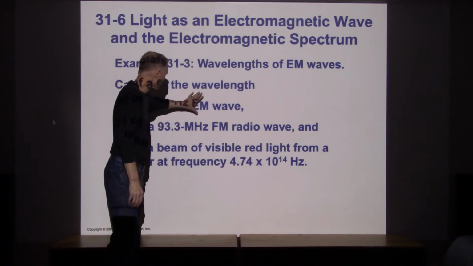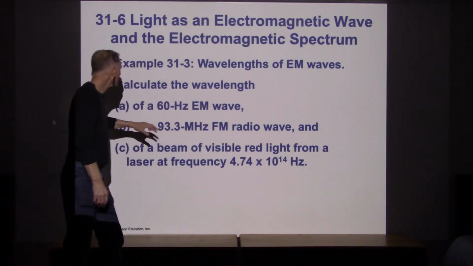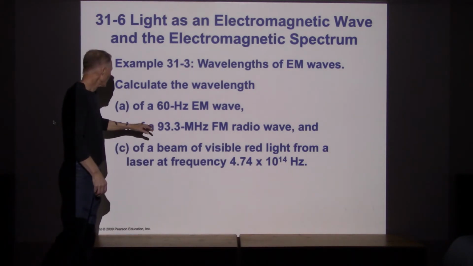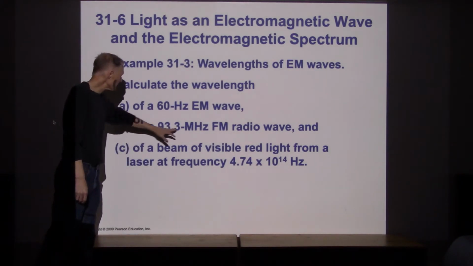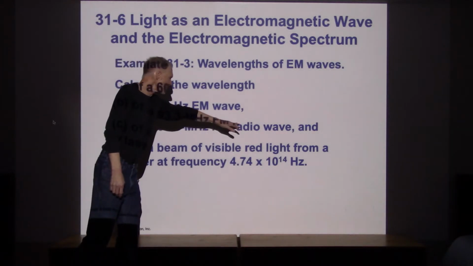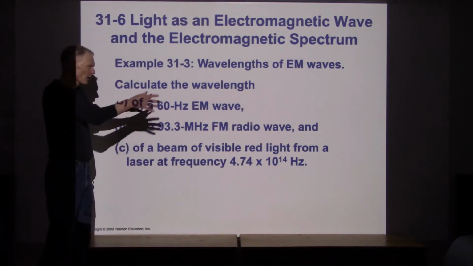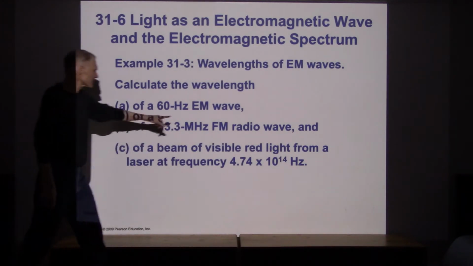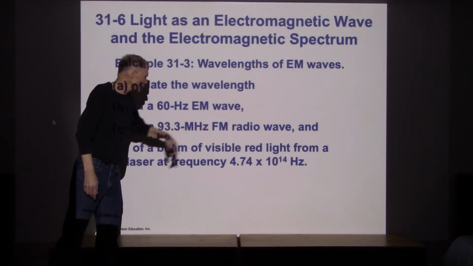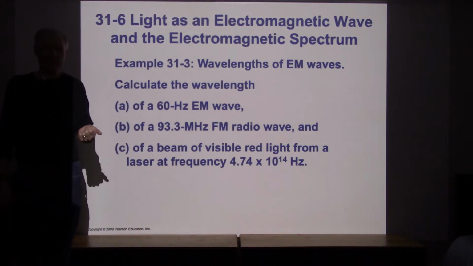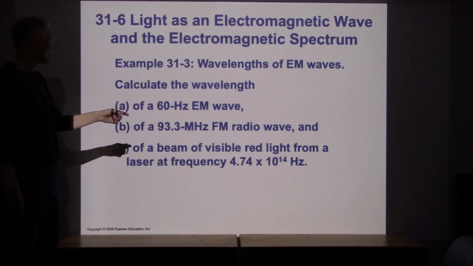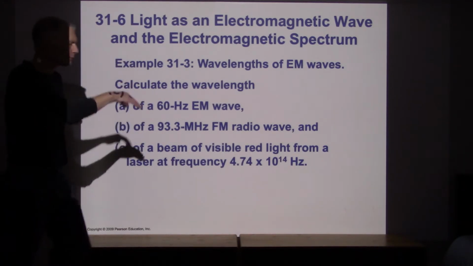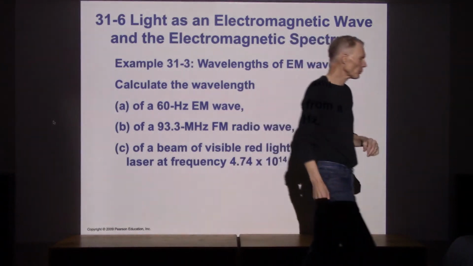So I'm going to say this is a propagating electromagnetic field, and it has a frequency of 60 hertz. Now, part B says, now let's consider an FM radio signal, not a wave, it's a signal, 93.3 megahertz, and then it says let's consider light from a helium neon laser, and it's got a frequency of 4.74 times 10 to the 14 hertz. So it's giving you a set of frequencies. How are we going to determine what the wavelengths are?